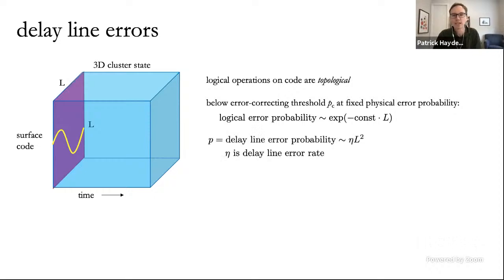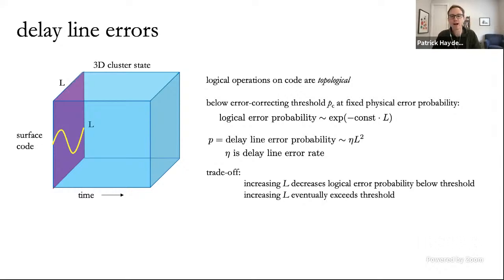Now, in our case, the delay line error probability grows with the size of the delay line, and the total length of the delay line is L squared, and so the delay line error probability is eta times L squared, where eta is the delay line error rate.